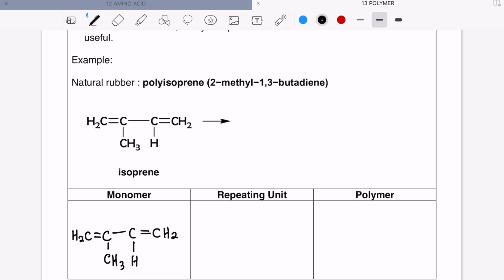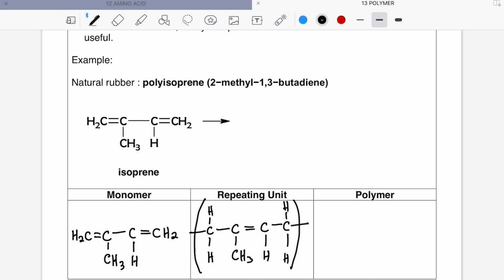The repeating unit is the structure after the reaction of polymerization. So for this one, usually it will be like this. I'm going to explain more about this later in the next video.